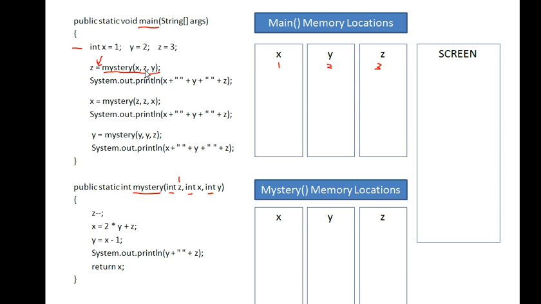And the second argument is z, and that's 3. That's sent to the second parameter. So the first argument goes with the first parameter, the second argument goes with the second parameter, and so on. And then the y up here has a value of 2, and that's the last argument, so that's passed over to the method.